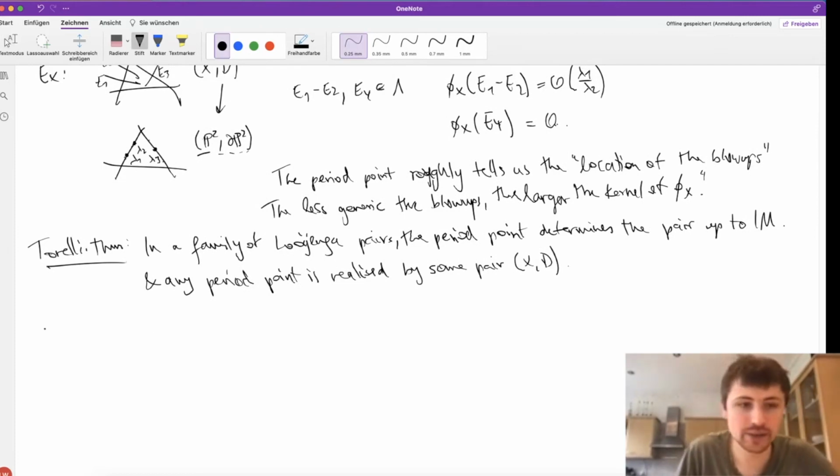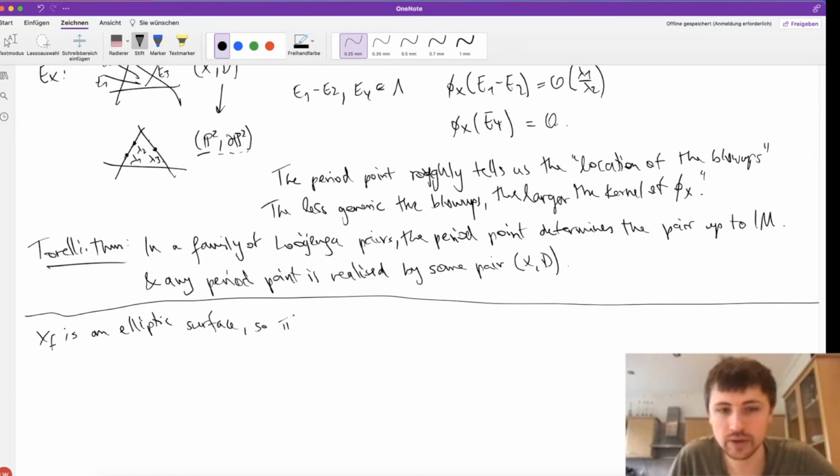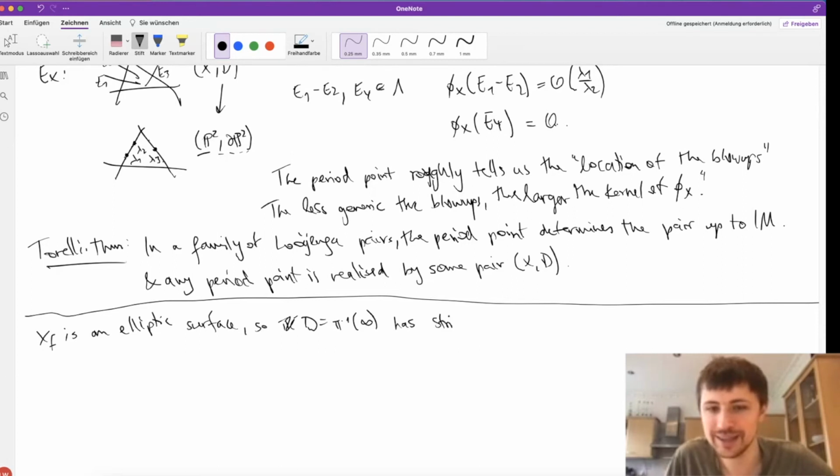Okay, so let's go back to our surface X_F. Remember that X_F was an elliptic surface. So the divisor, which was the fiber over infinity, has strictly negative semi-definite intersection matrix.